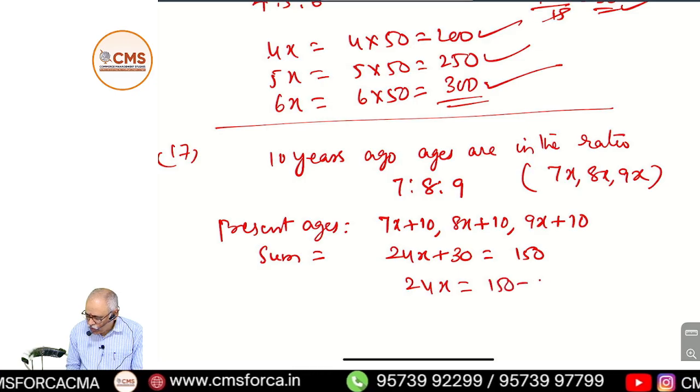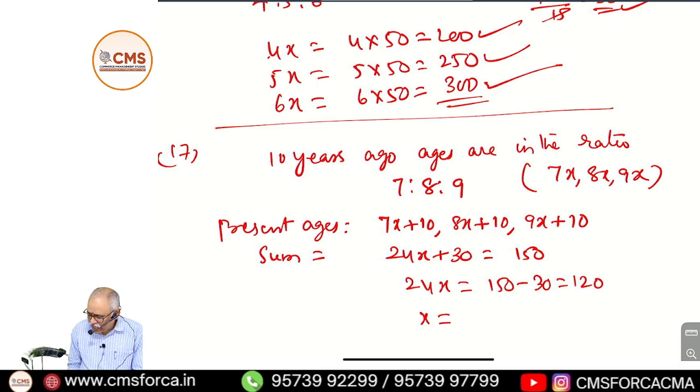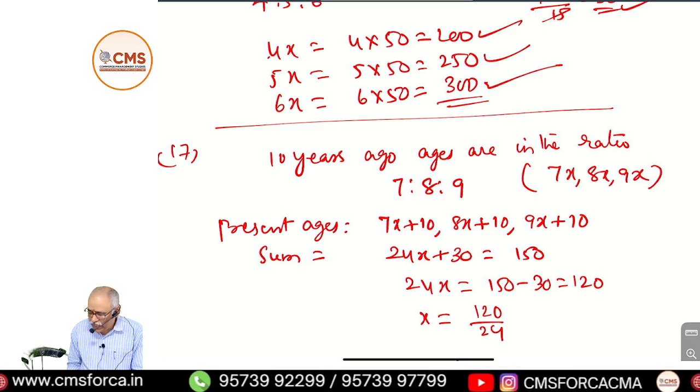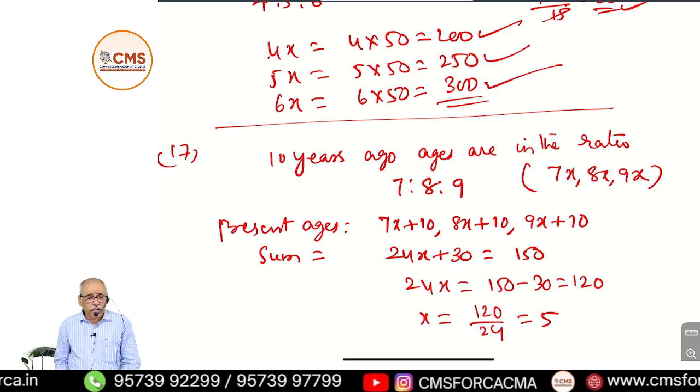150 minus 30. What is it? 120. So x is equal to 120 by 24. How many times will it go? 5 times.